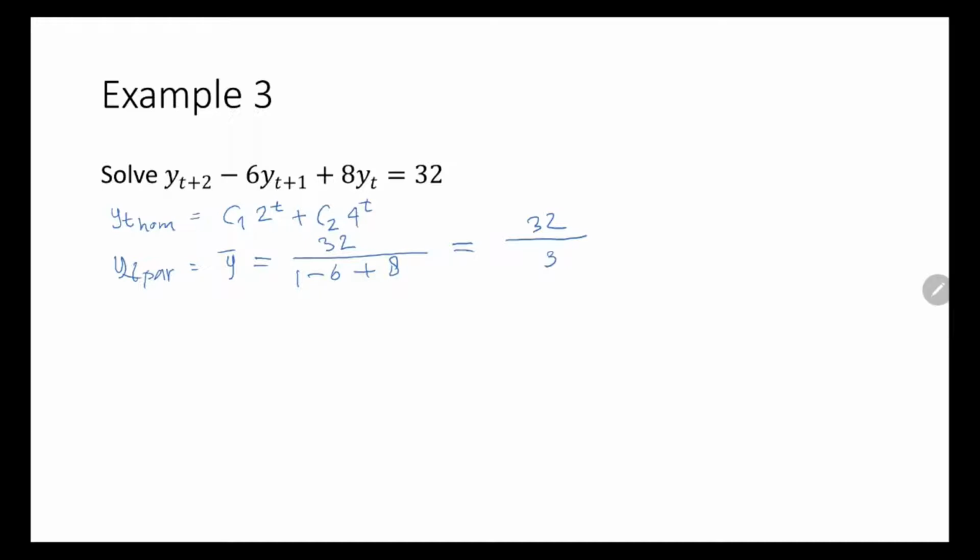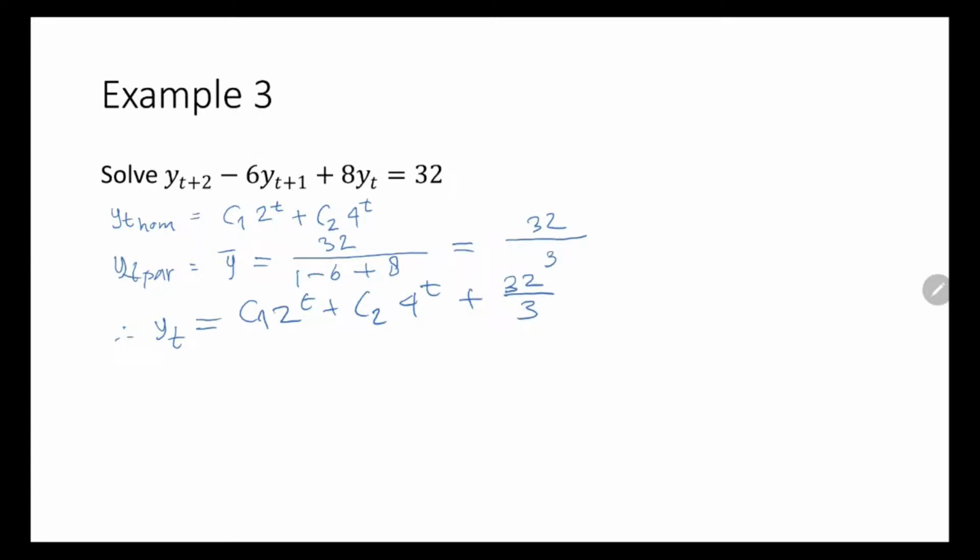In this case, the solution is the homogeneous solution plus the particular solution, which is equal to the steady state value.